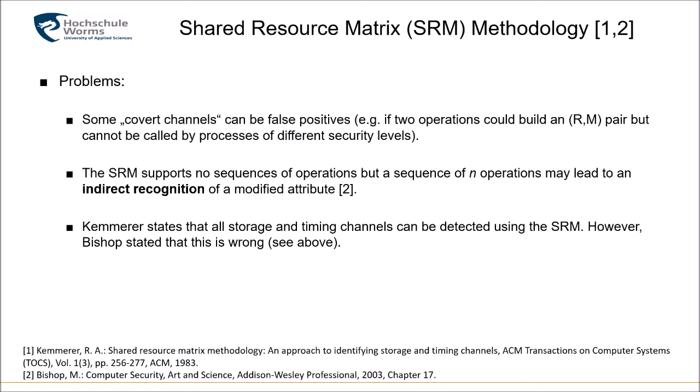And the SRM supports no sequences of operations, but a sequence of n operations maybe lead to an indirect recognition of a modified attribute. Camera states that all storage and all timing channels can be detected using the SRM. However, Bishop stated in his book that this is wrong.